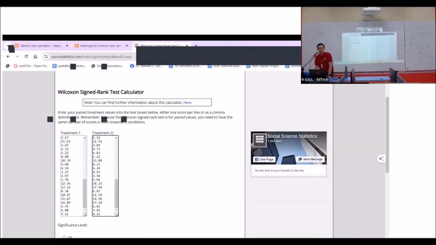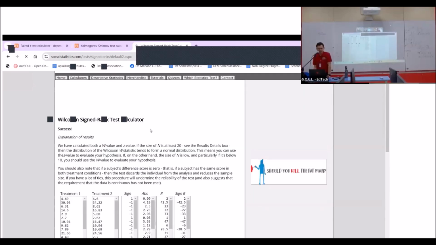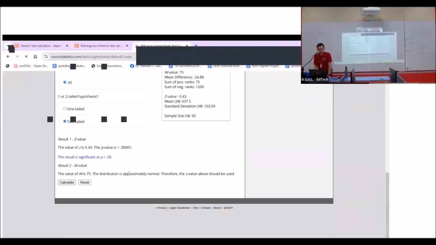Let's use 0.05 and always look at the two-tailed instead of one-tailed. Then click calculate. What's the result now? In the result, just look at the bottom part: the value of Z is negative 5.43. The p-value is less than 0.001.